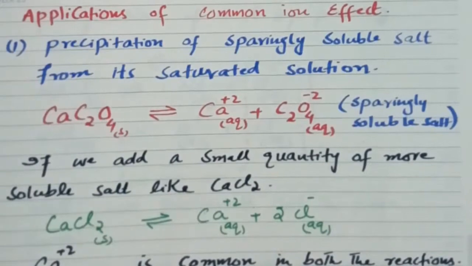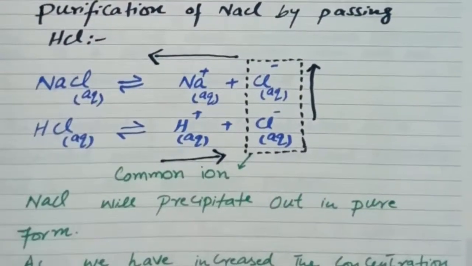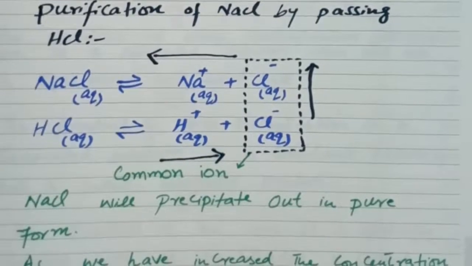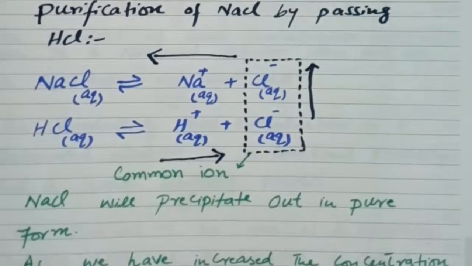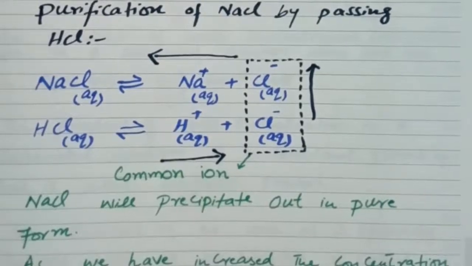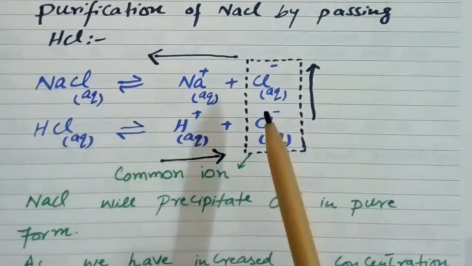Now next, another example of the common ion effect is purification of NaCl. Purification of NaCl is done by passing HCl gas through a saturated solution of sodium chloride, or brine solution. Sodium chloride is already present in solution, in which sodium ions and chloride ions are present.